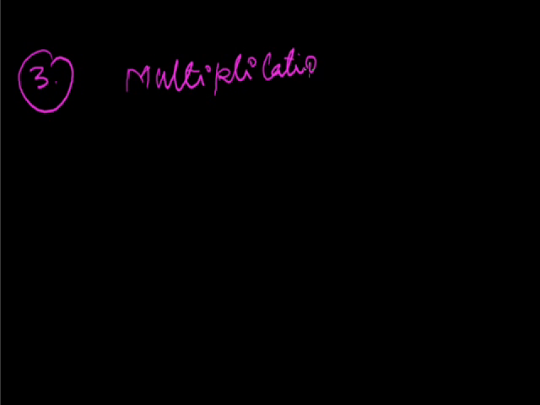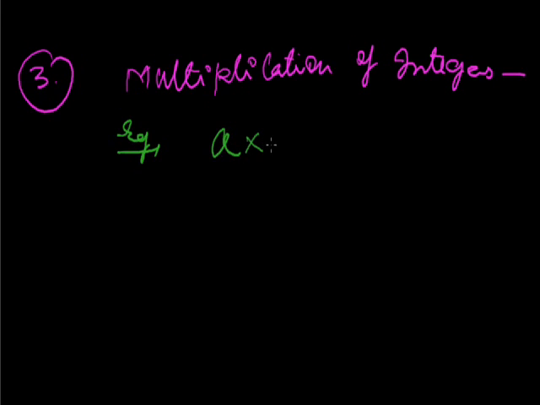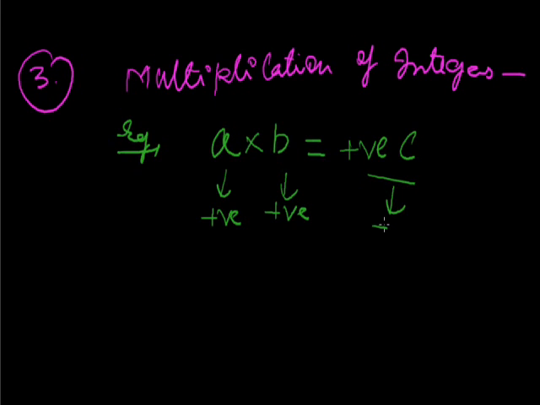Now moving to the next topic, multiplication of integers. If we multiply an integer with a same-sign integer, we always get a positive integer. For example, if a is positive and b is positive, the answer c will always be a positive integer.